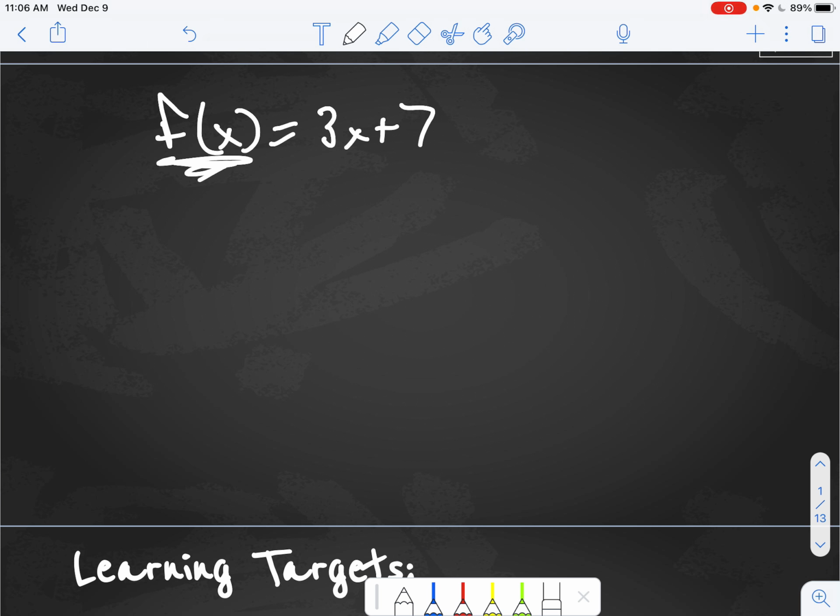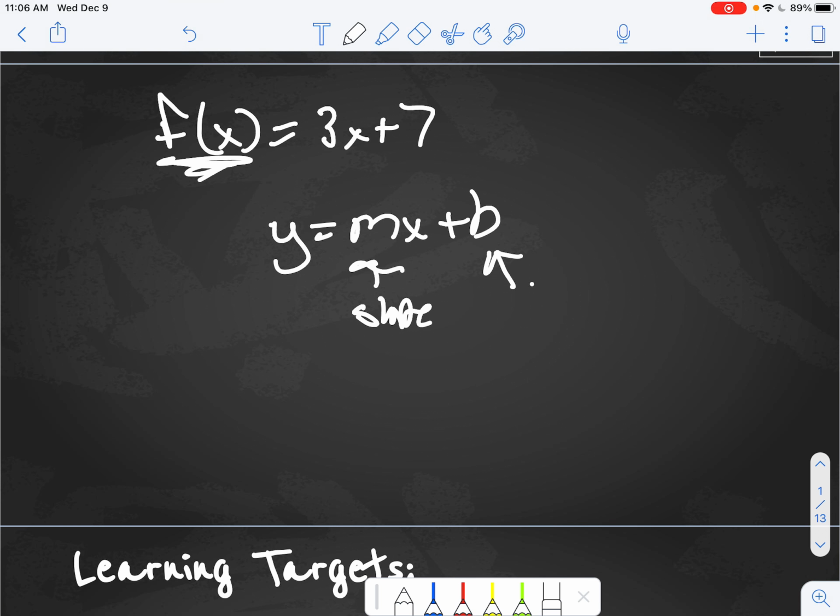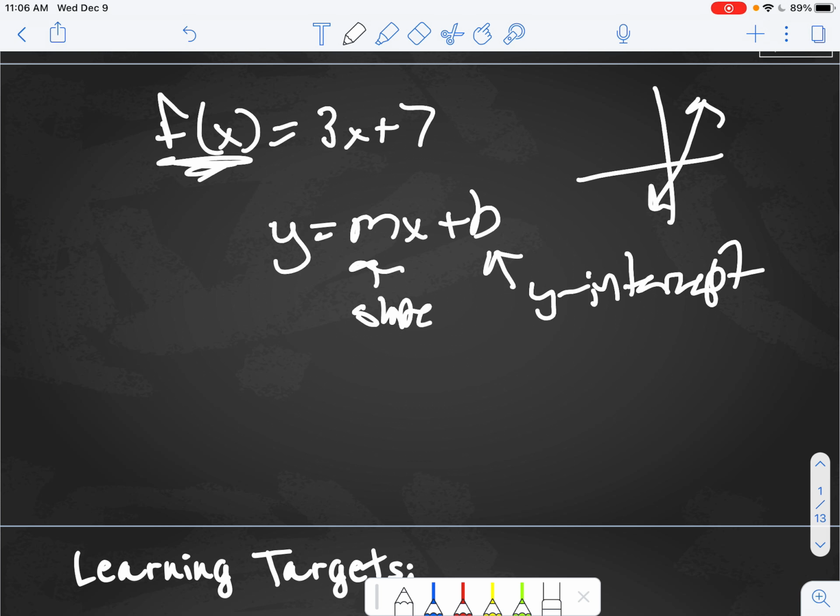So far we have seen almost all, if not all, of our functions be in the form y equals mx plus b, this linear form, where remember m is our slope and b is our y-intercept. And all of these functions make some type of line on our graph, just some type of straight line or consistent line on our graph.